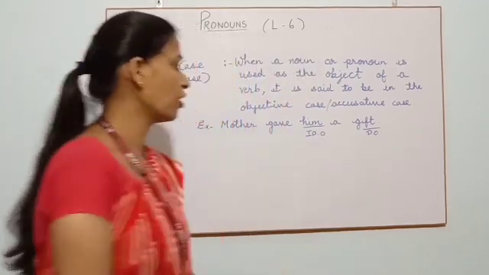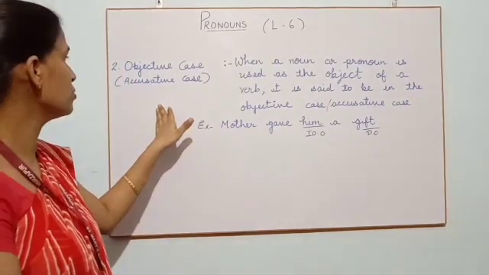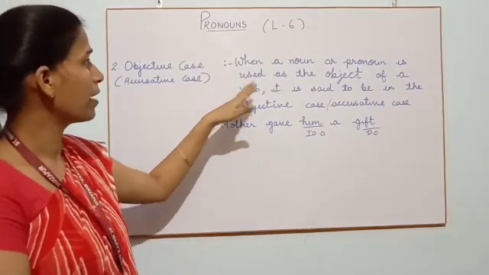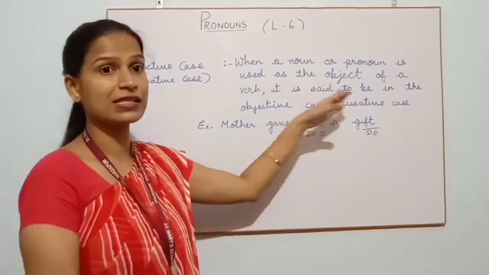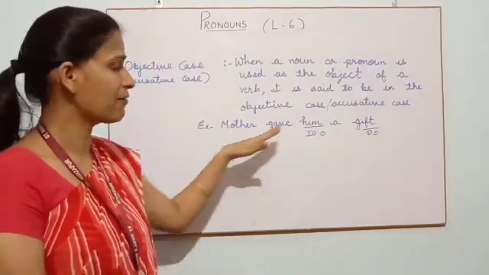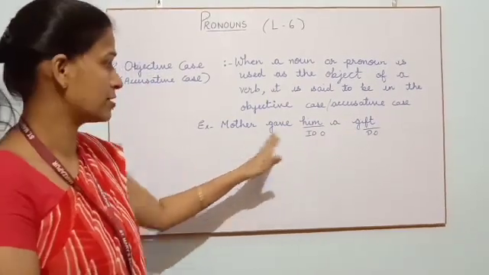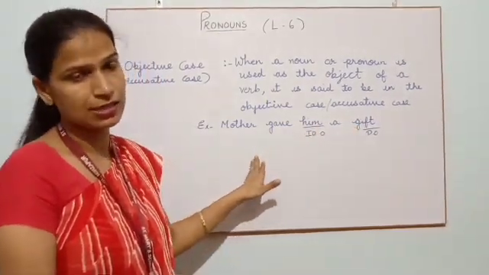So this is your indirect object. And in this, it says that whenever a noun or a pronoun is used as the object, you can make out where the object is in the sentence.